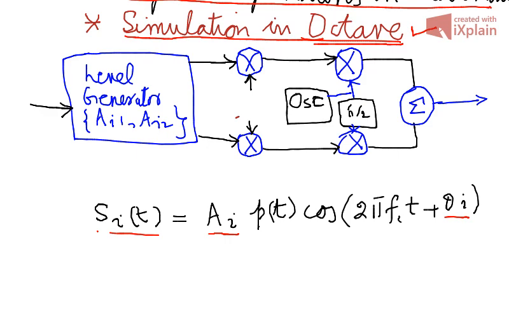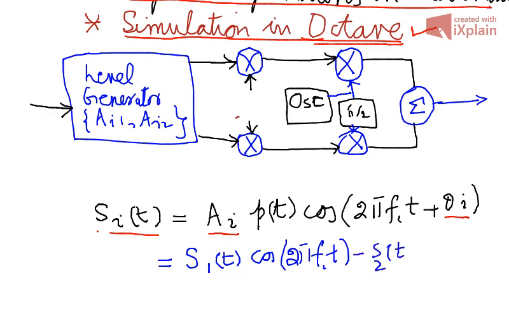Now if you observe this equation, you can rewrite it in this form: s1 of t cos of 2 pi f_c t minus s2 of t sine of 2 pi f_c t.